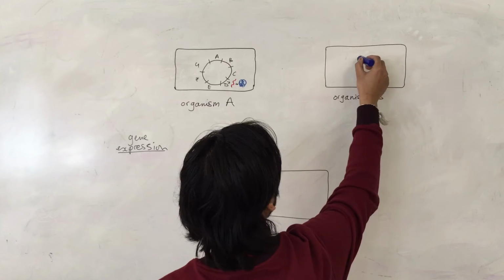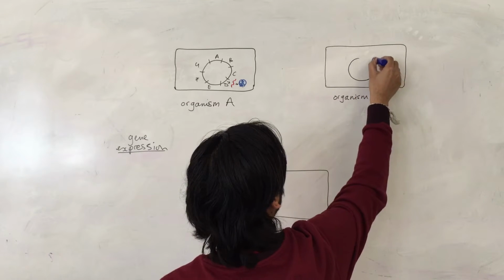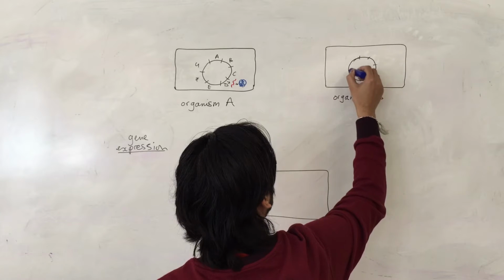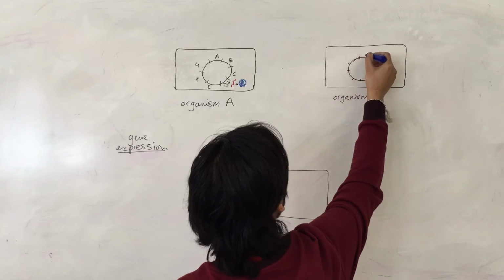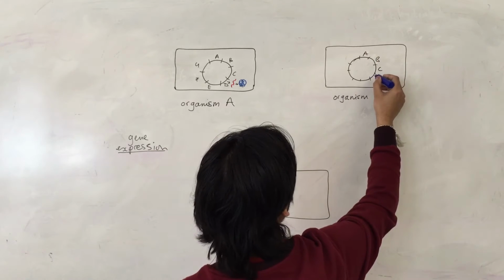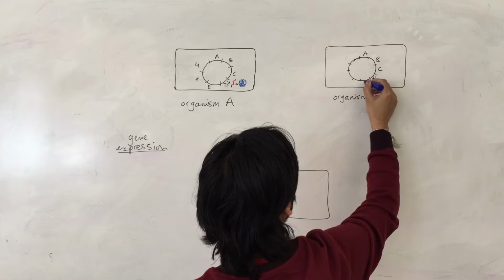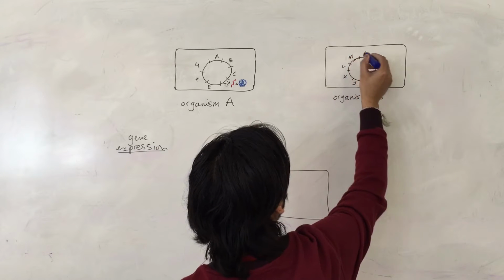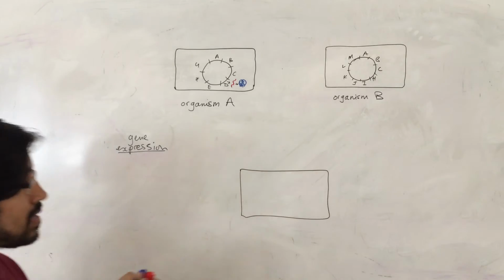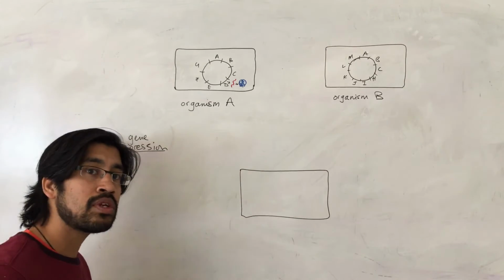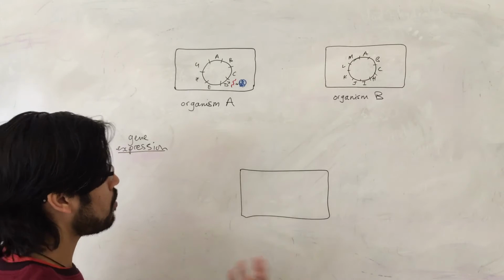So we can have another organism here with its own genome. Maybe it has some genes in common, but then other ones are different: E, F, G, H, I, J, K, L, M. So organism B has some common genes with organism A, but it has a lot of other genes which are not common to both organisms.